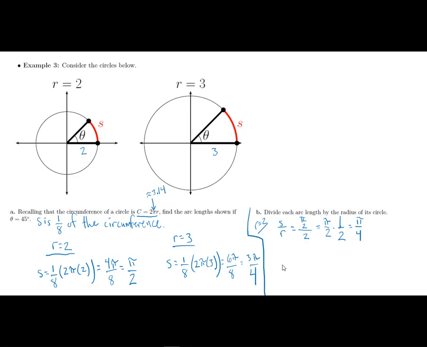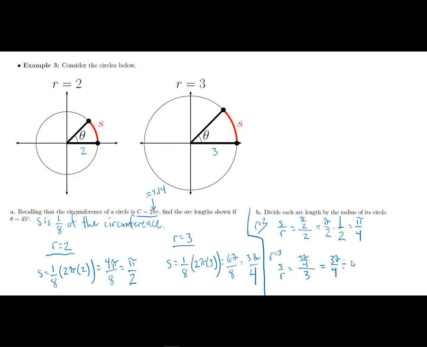And I can do the same thing with r equals 3. For the circle of radius 3, we found that the arc length was 3 pi over 4, and the radius was 3. Let me show a little more detail this time.